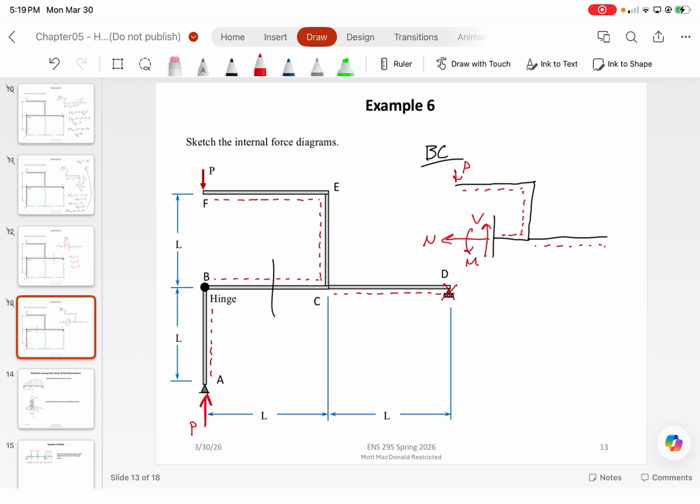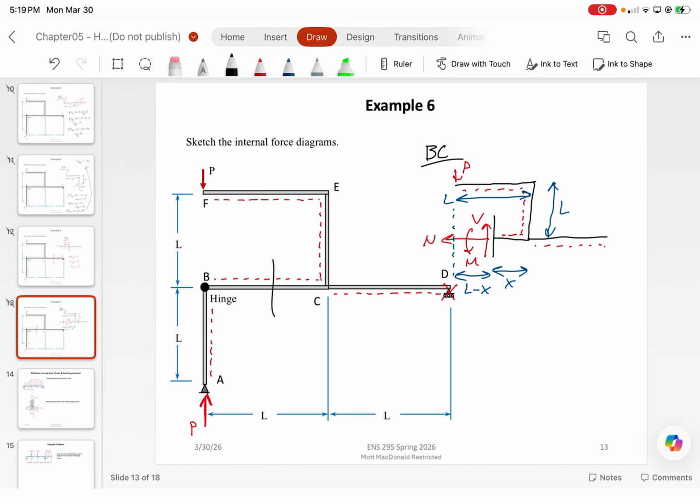From forces in the y direction equals 0, we get that V for member BC minus P equals 0, which means that the shear force is positive P. From the forces in the x direction equals 0, we just get that the axial force in member BC is 0.